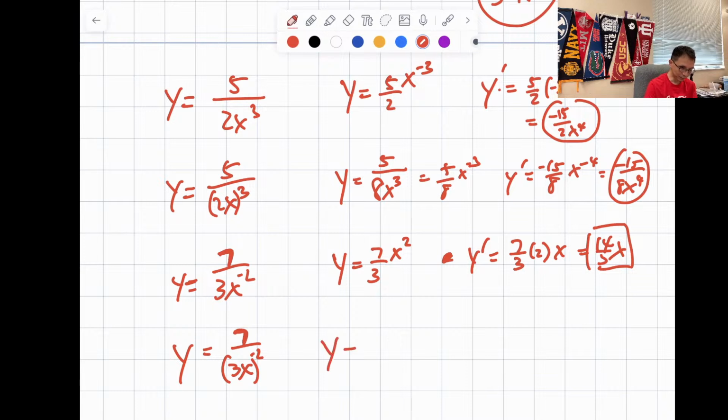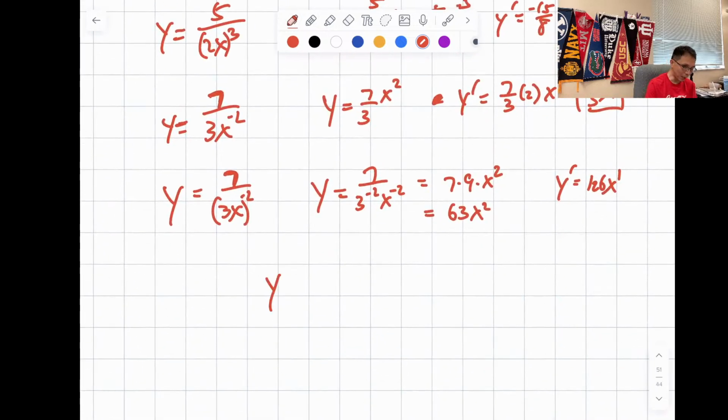Last one: 7 over 3 to the negative 2, x to the negative 2. That means everything flips to the top. That means 63x squared, and take a derivative. It's going to be 126x to the 1.